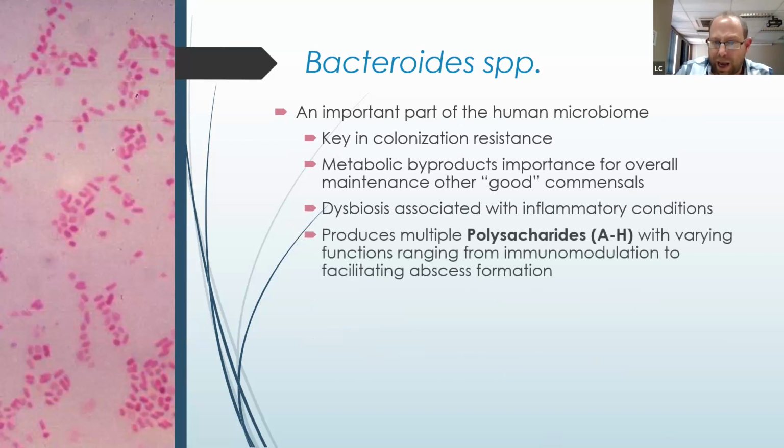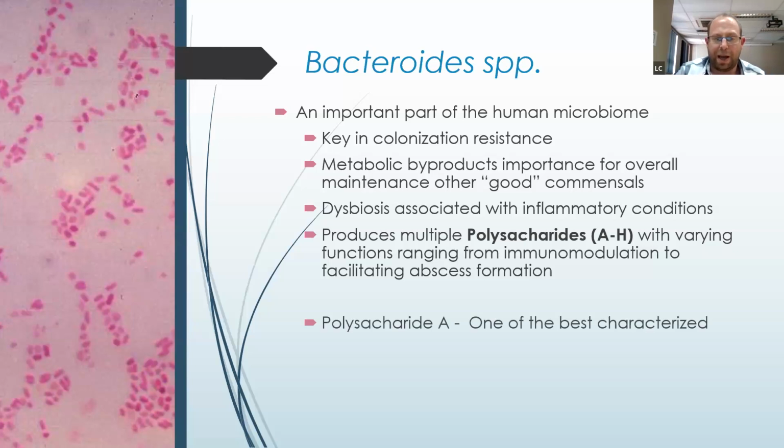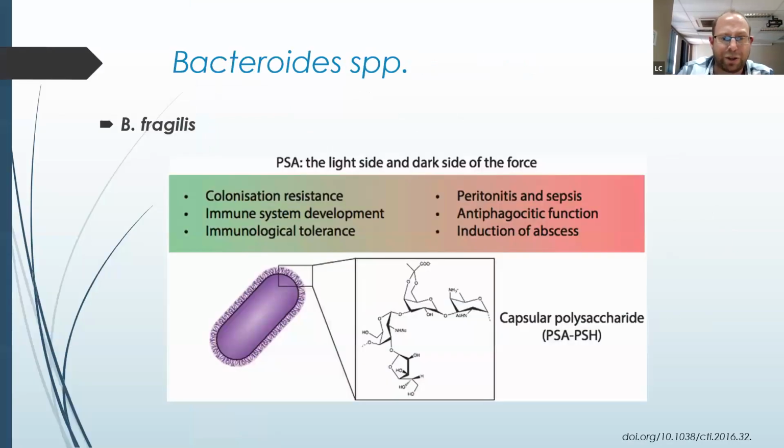They produce a number of polysaccharides. They're encapsulated organisms, A through H, with varying functions ranging from immunomodulation to facilitating abscess formation. And polysaccharide A is one of the best studied and characterized, and it's interesting in terms of a light and dark side. For colonization resistance and immune system development, it in fact upregulates IL-10 to some degree, which essentially acts as an anti-inflammatory within the gut.